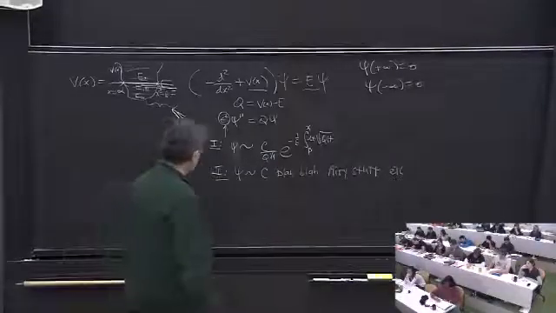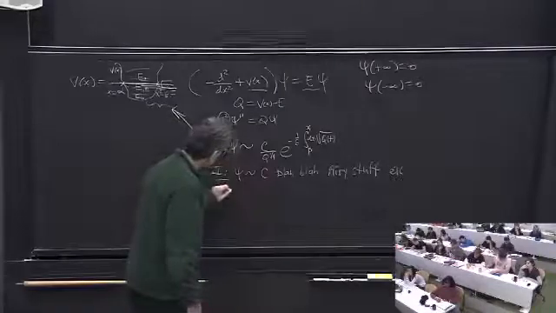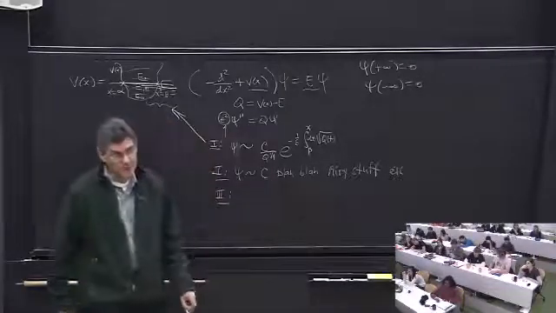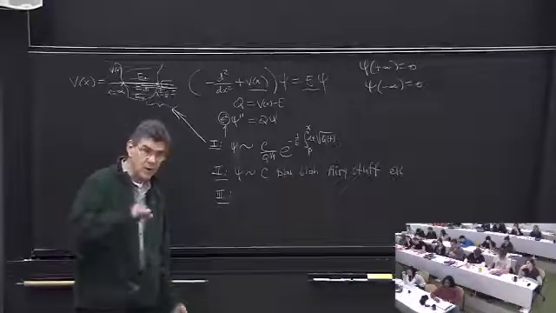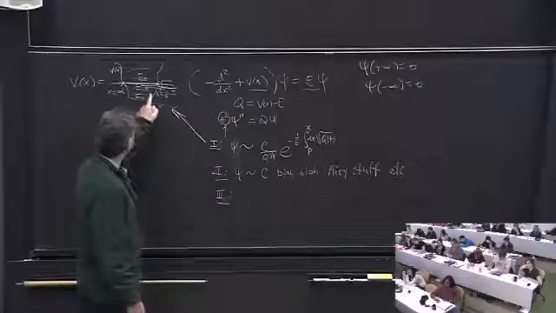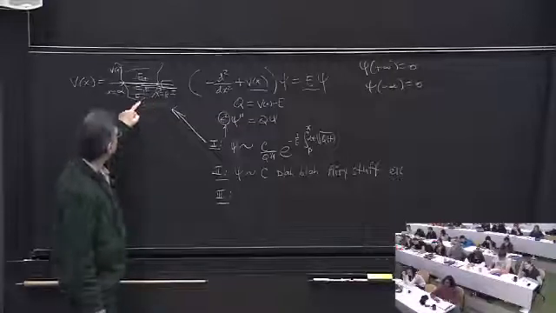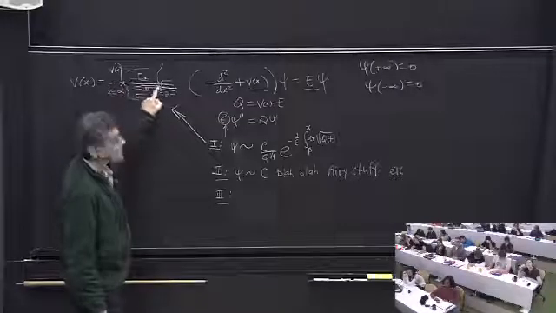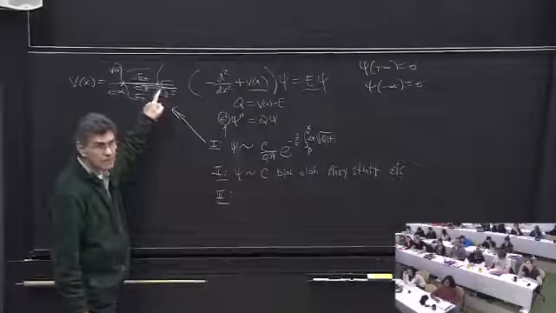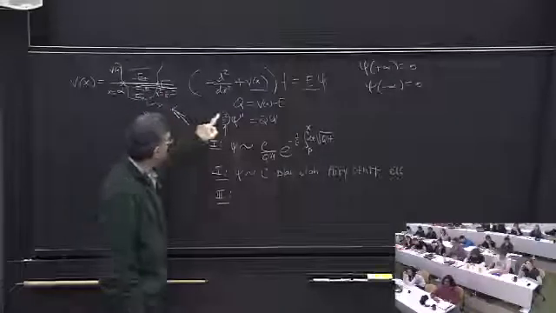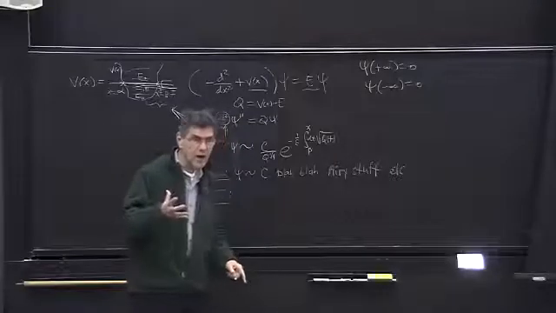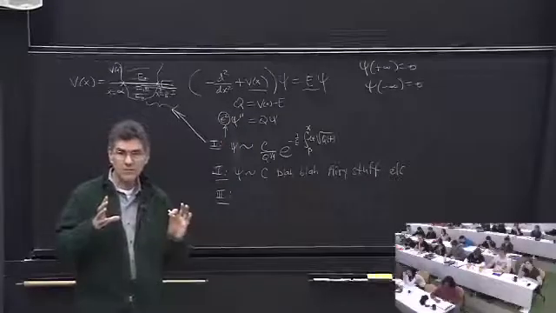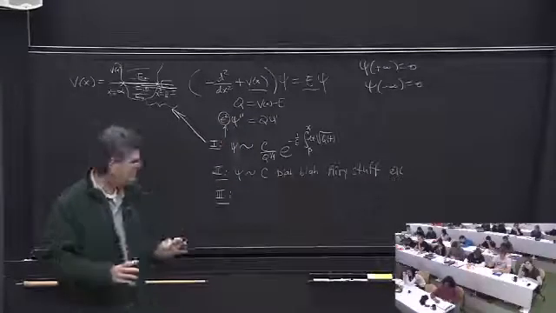So the point is that region 3 came out simple again. It was, again, another WKB function. This time, however, in region 3, you see that V is smaller than E. So V minus E is a negative thing. And I only want to deal with real positive things.